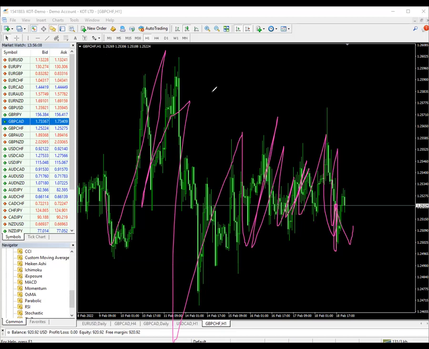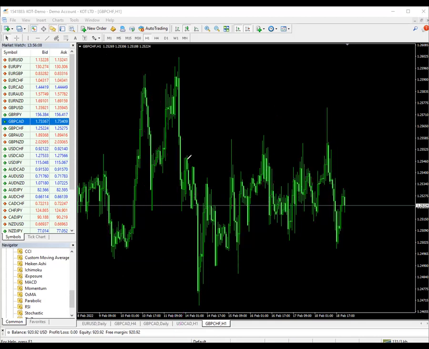Because the price, or these candles, are so choppy, it becomes very difficult sometimes to know the direction of the market. So we use moving averages to smooth out this chart we are seeing, to know exactly the direction of the market.